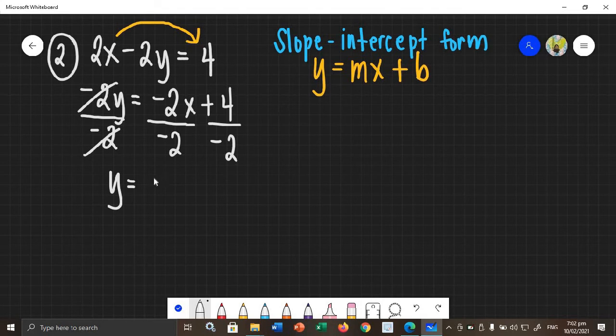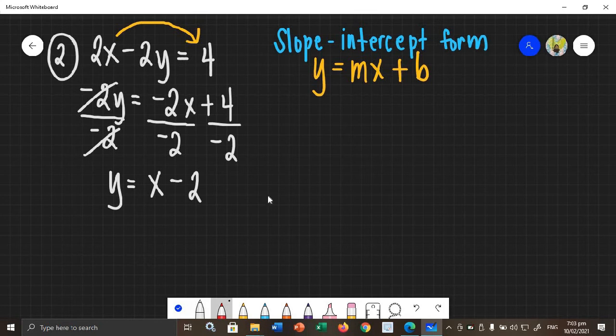Positive 1 na yung sagot, no? So we can simply write x. So kahit hindi na natin isulat si 1 as the coefficient, understood na may 1 doon. And then, positive 4 divided by -2, that is equal to -2. So we now have y is equal to x minus 2, which is the same as this form. Okay, y is equal to mx plus b.